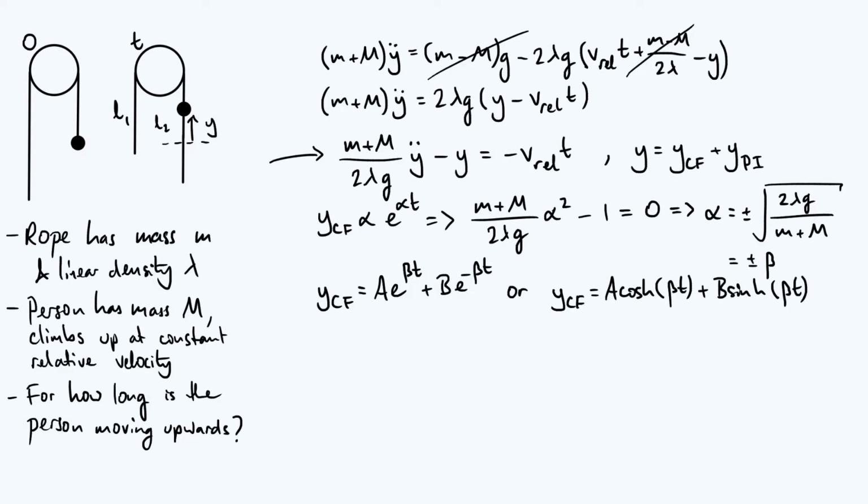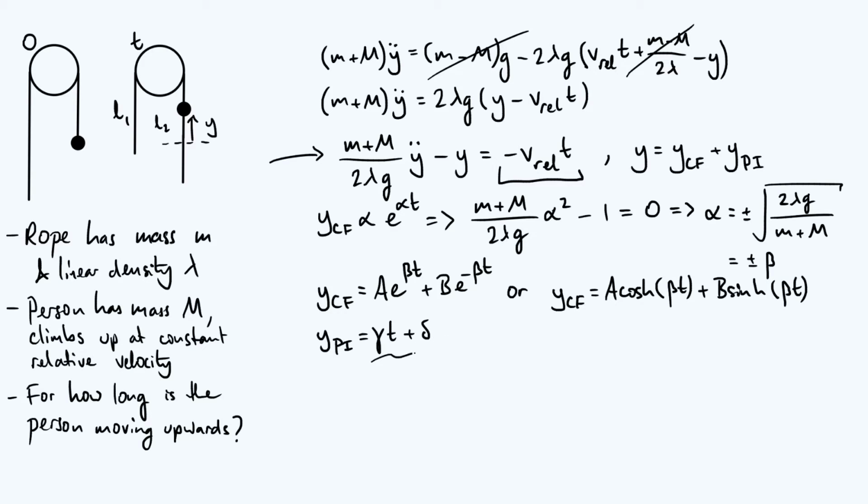Now, how do we find the particular integral? Well, you look at the form of the forcing term in your differential equation. Here, the forcing term is minus vrel t. That is a linear function of time. And so you basically guess the solution. Let's guess that our particular integral is going to be the most general linear function possible. I'm going to say gamma t plus delta, because we've already used alpha and beta. And you just take this and substitute it into your differential equation.